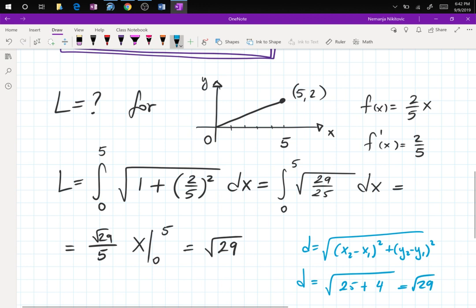So that's just adding fractions here. And that whole fraction becomes 29 over 25, and then we kick it outside. Now, square root of 29 stays square root of 29, and square root of 25 is 5, so there is no root on the bottom. And then we integrate, because we took the constant out, we integrate 1, and we get x, and then plug in 5 and 0.